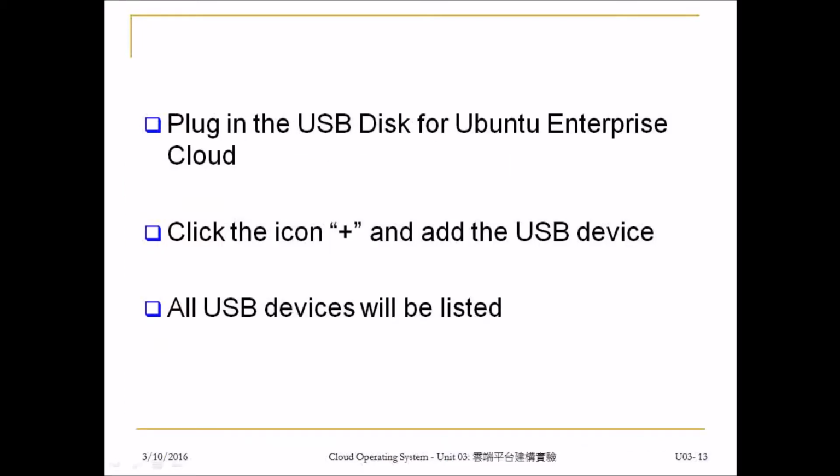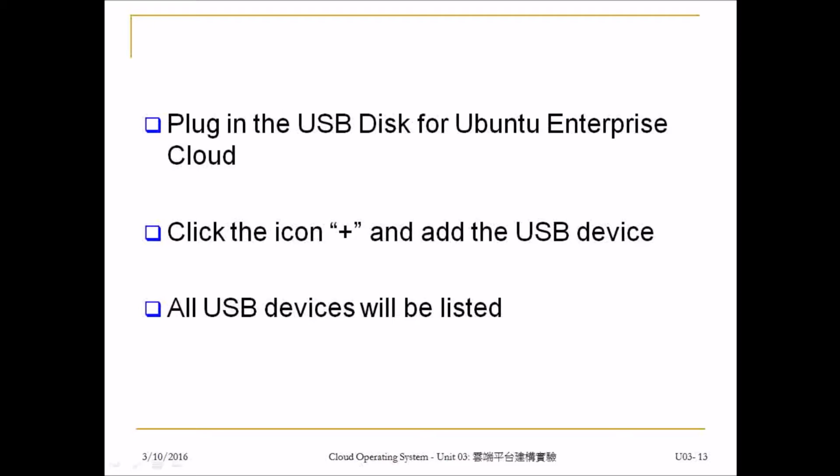Hence, the first step is plugging in your USB disk, which is prepared for your Ubuntu Enterprise Cloud. Then click the plus icon on your right-hand side and add the USB device.